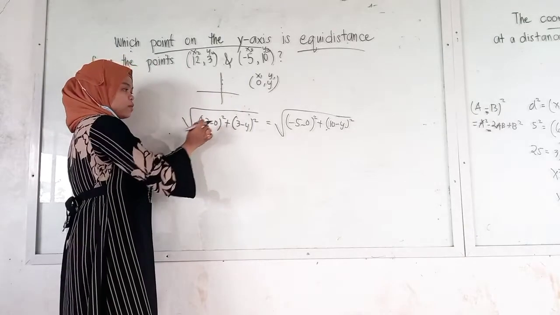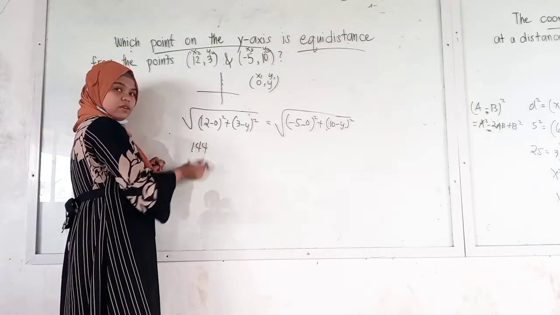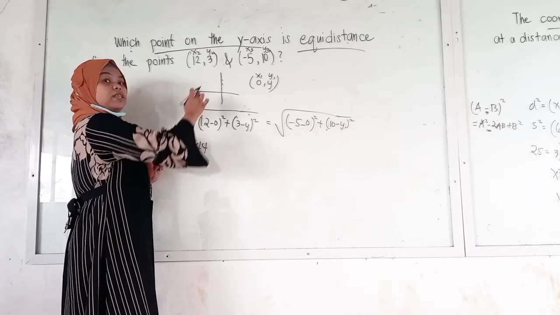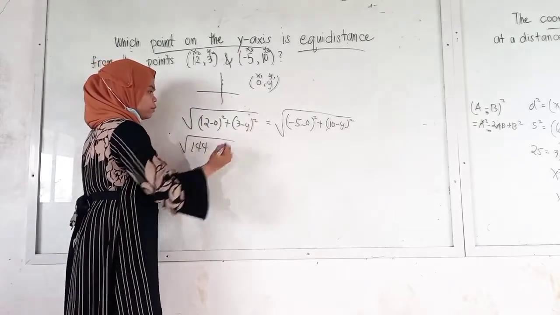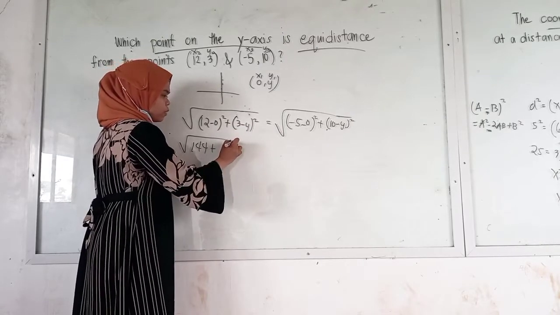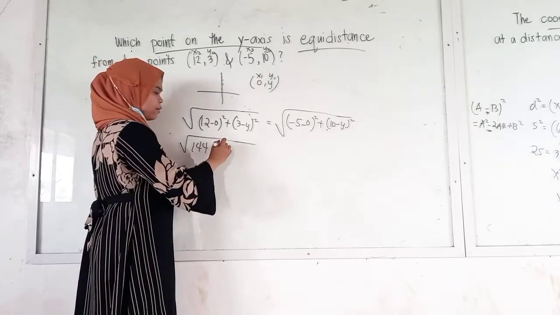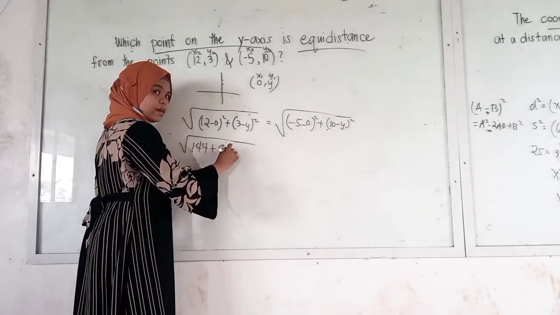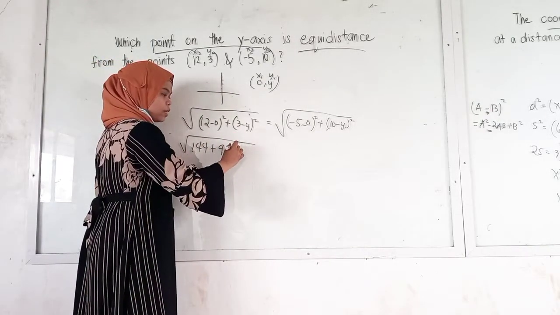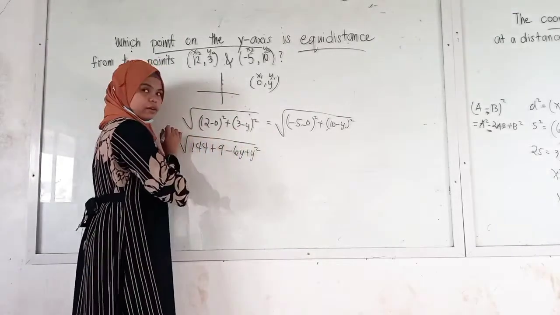Okay? So 12 minus 0, that is 12. Quantity squared is 144. Plus, this is 3 minus y. So by using the special product formula again, I have 9 minus 2 times 3, that is 6y plus y squared. Right?